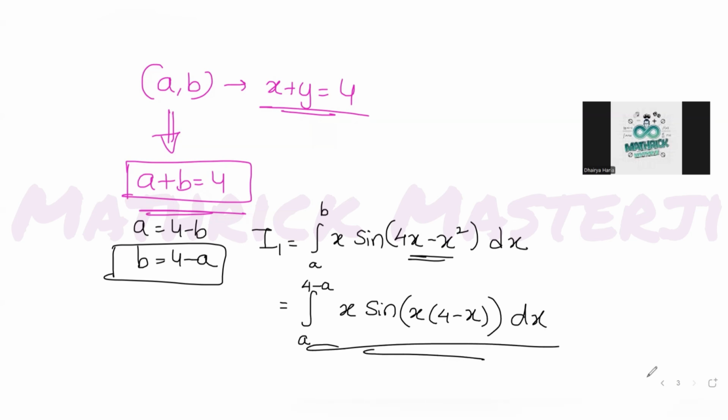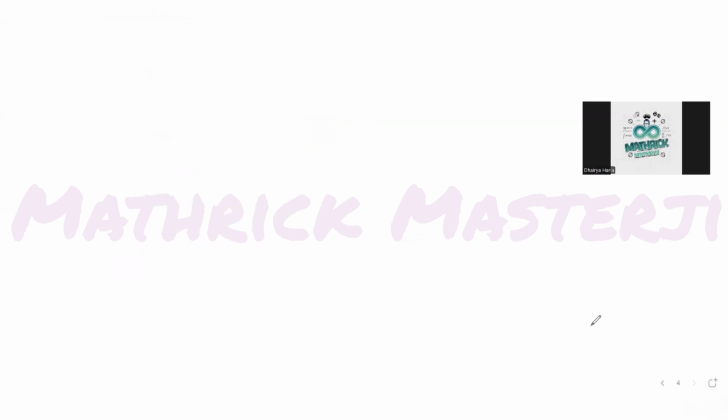Now, looking at the properties of definite integrals that I can use for this question, I know the integral from a to b of f(x) dx is also the integral from a to b of f(a plus b minus x) dx.